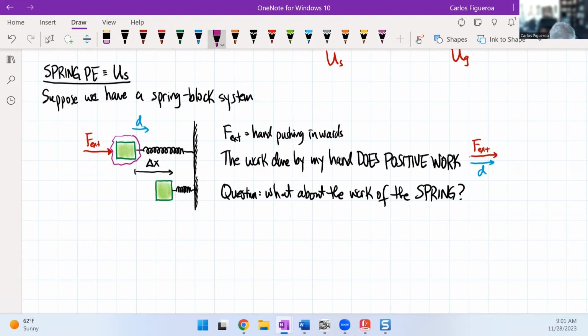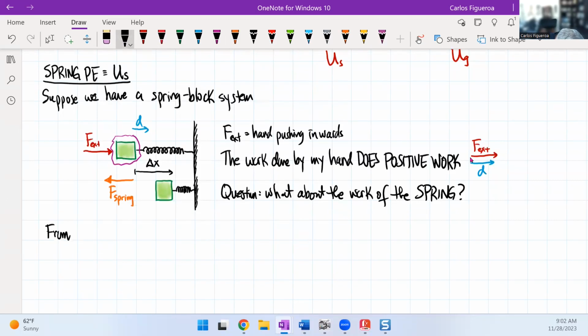So in this situation, the spring applies a force in the opposite direction. You could imagine here that now I have a spring force that does work in the opposite direction.